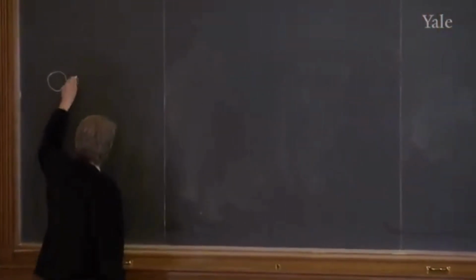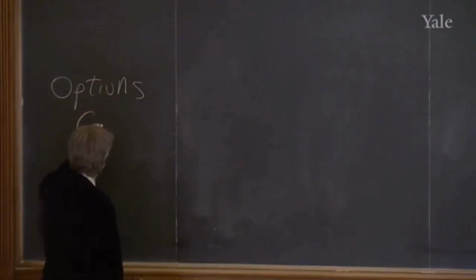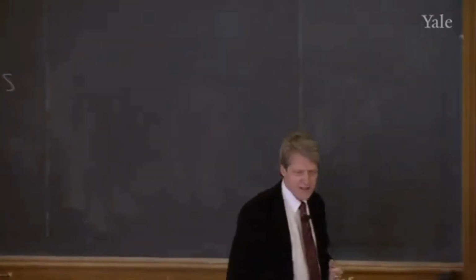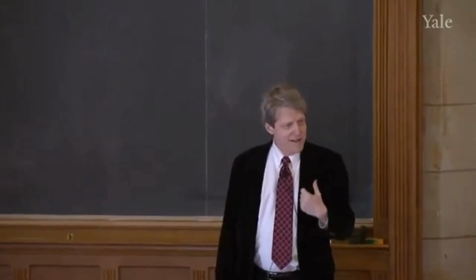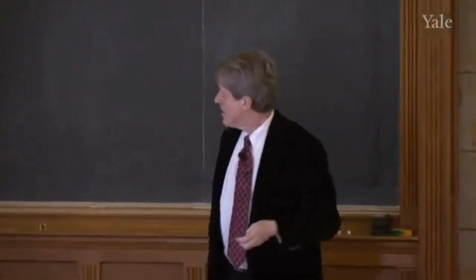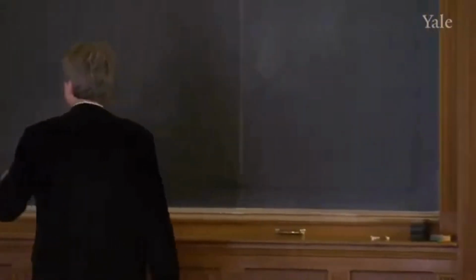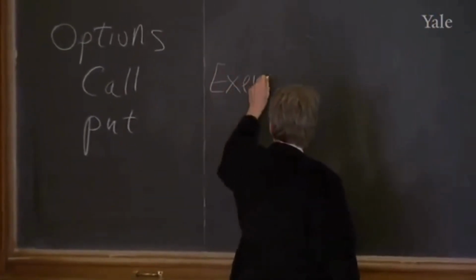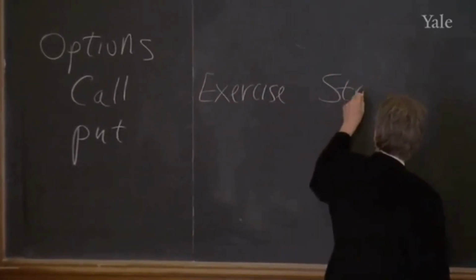So there's two kinds of options. There's a call and a put. A call option is an option to buy something at a specified price, and the price is called the exercise price or strike price.